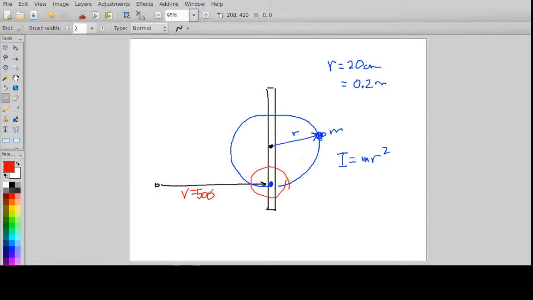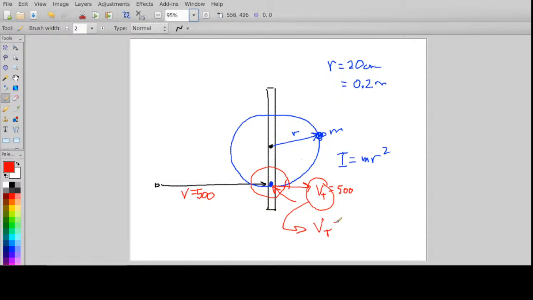When it hits that blue spot, that linear velocity is the tangential velocity. It's the velocity along the tangent of the circle. And you say, well, how fast is that? Well, the answer is 500 meters per second. So then you say, is there a way of relating the tangential velocity to the angular velocity?